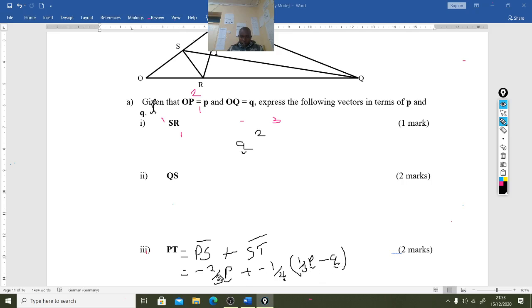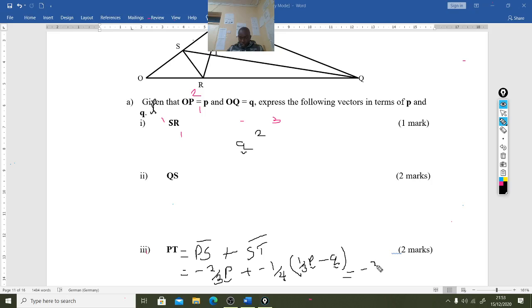So negative this minus this will give you negative 3 over 4 p, because the like terms you put them together, plus a quarter q.